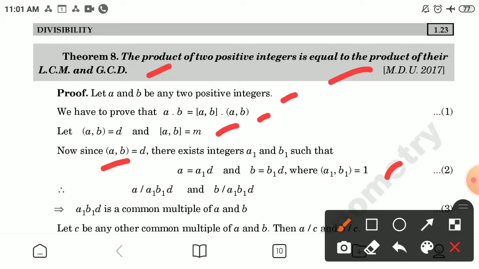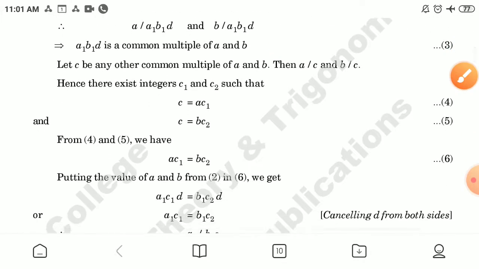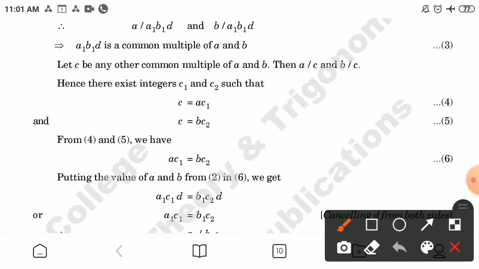Therefore, A divides A1B1D and B divides A1B1D. This implies A1B1D is a common multiple of A and B, marking this as number 3. Let C be any other common multiple of A and B, then A divides C and B divides C. Hence, there exist integers C1 and C2 such that C is equal to AC1, C is equal to BC2, marking these as number 4 and 5.